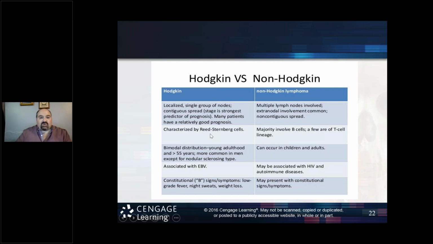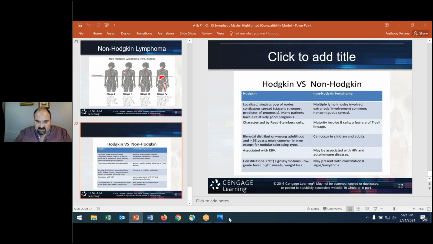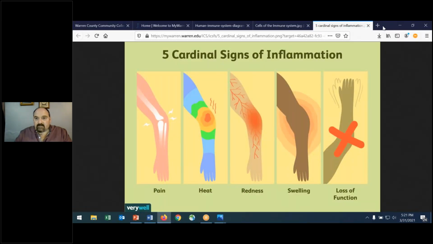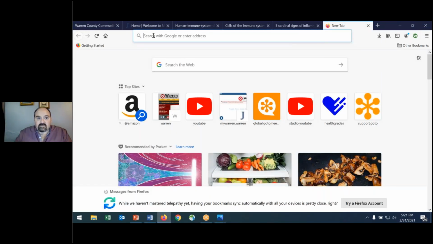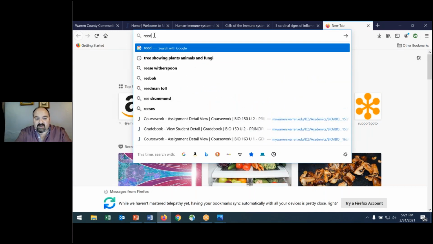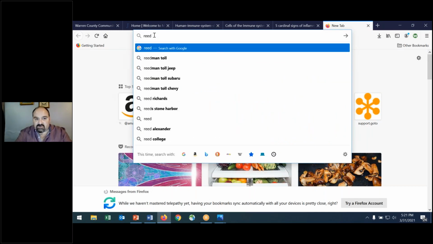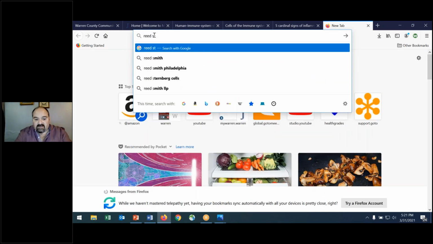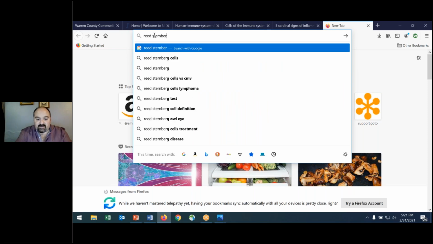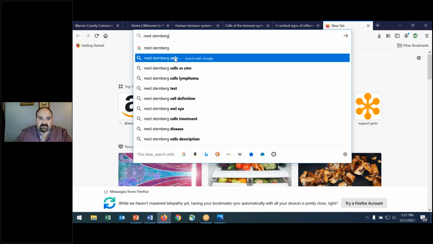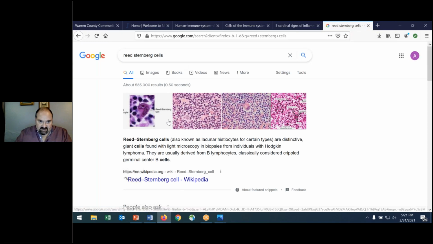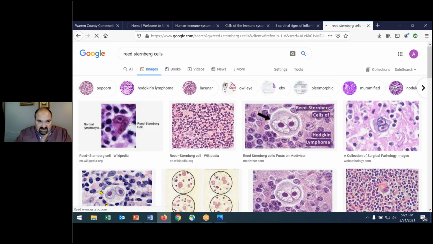These Reed-Sternberg cells are present in Hodgkin's disease. I want to show you because they're very interesting looking under the microscope. But I would tell you that that's one of the key diagnostic tools that we use, the Reed-Sternberg cells. And you're going to see that they're a very odd-shaped cell.